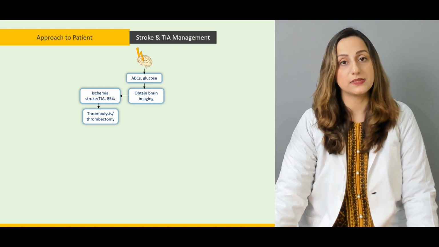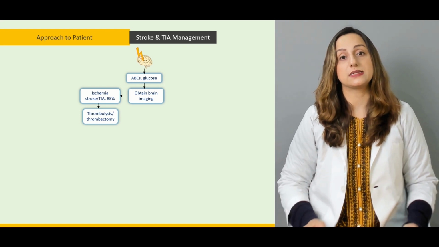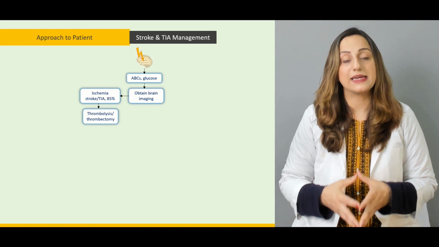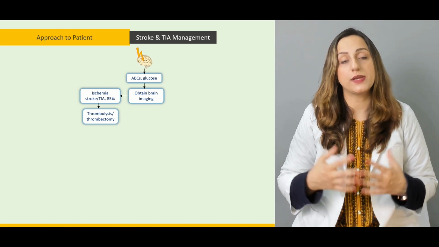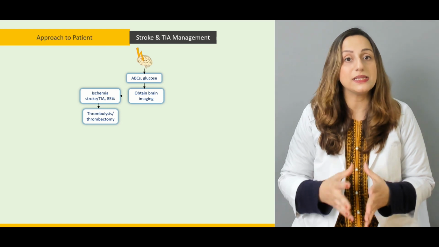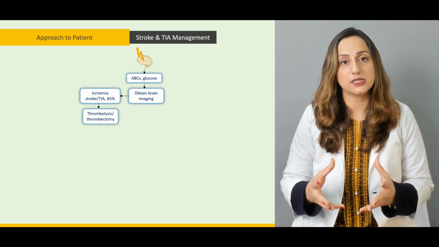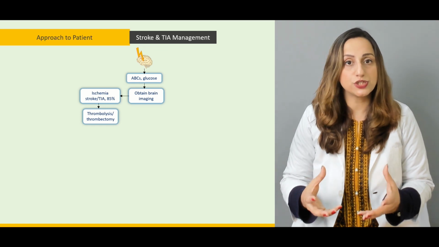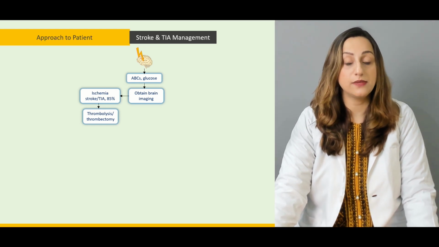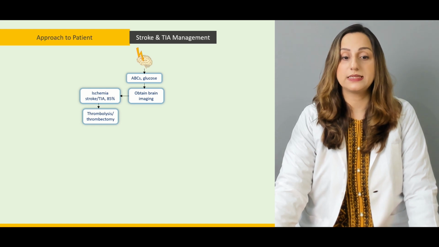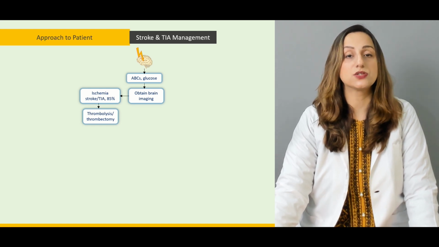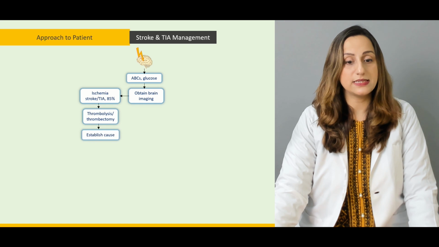Thrombolysis and thrombectomy. We perform thrombolysis by giving the tissue plasminogen activator in a timely manner to the patient. It's just to re-establish the perfusion to the particular areas of the brain, by which we perform these techniques of thrombolysis, and even surgical thrombectomies can be performed.